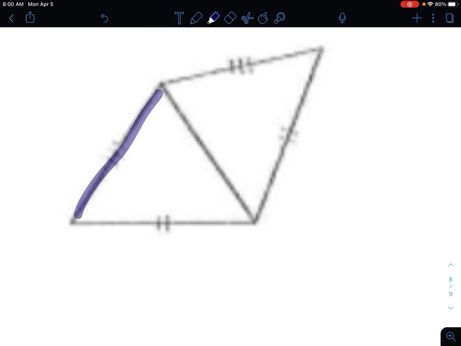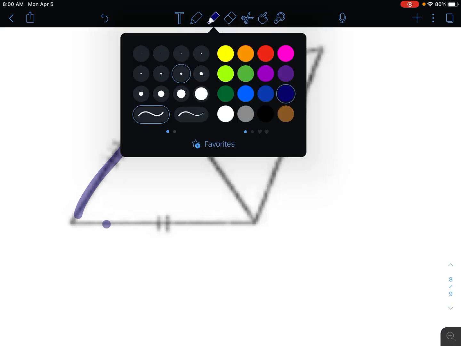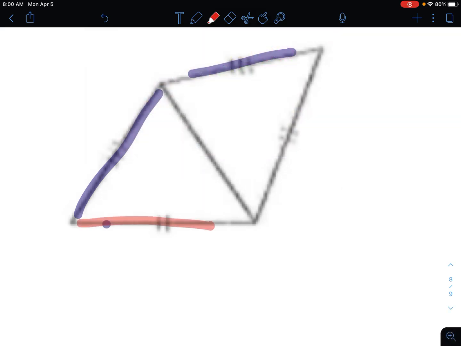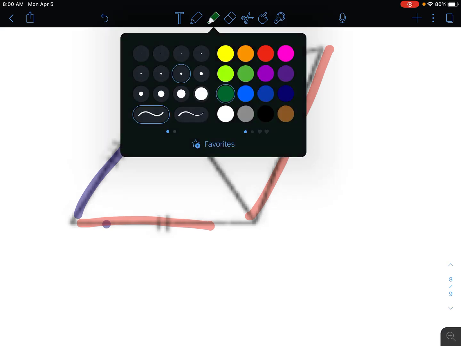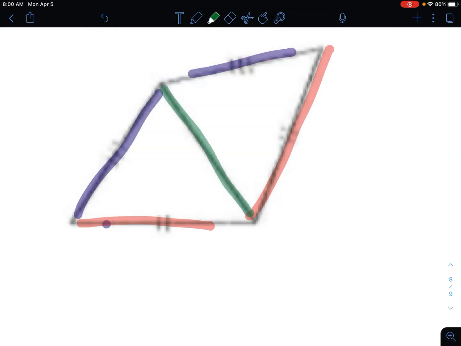Okay? How about these guys? What about this one? Highlight the information. We got a side. We got another side. I'll do it in a different color here. We got another side. They don't have any angles, don't have anything like that. But we do have that one that we talked about right here in the middle, because they share the same side.